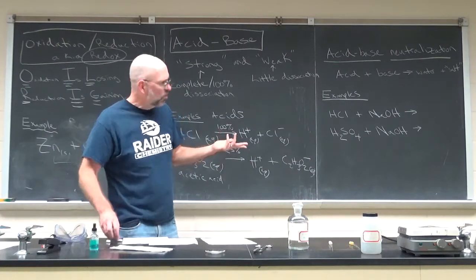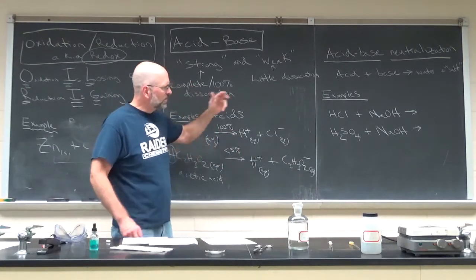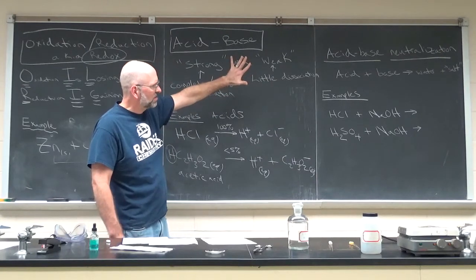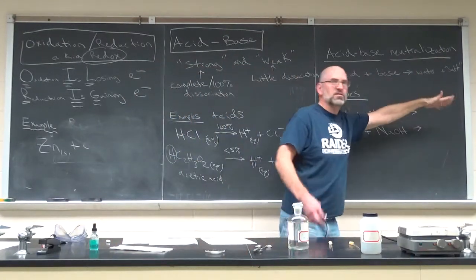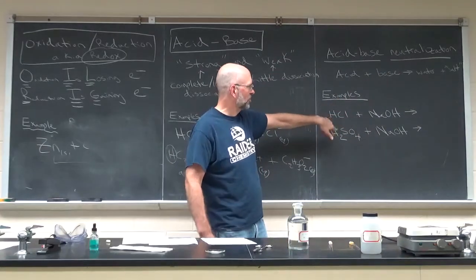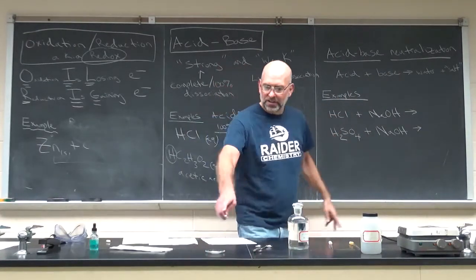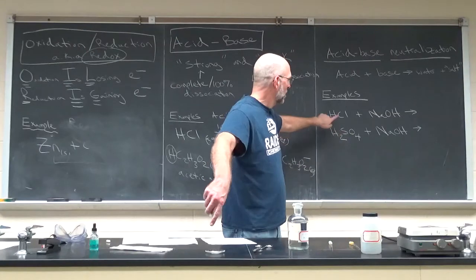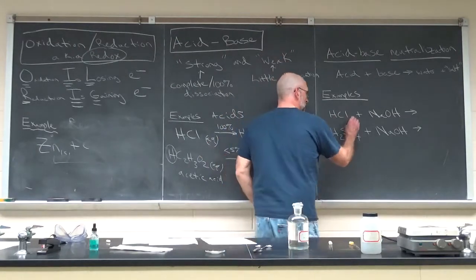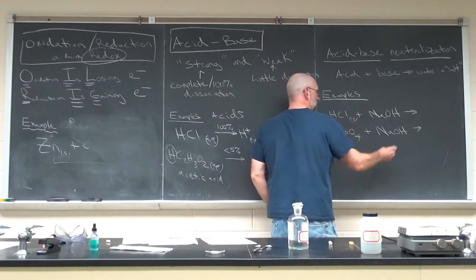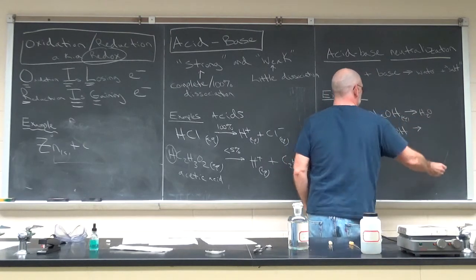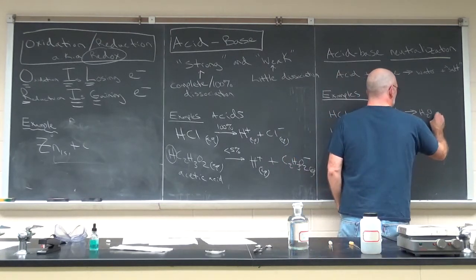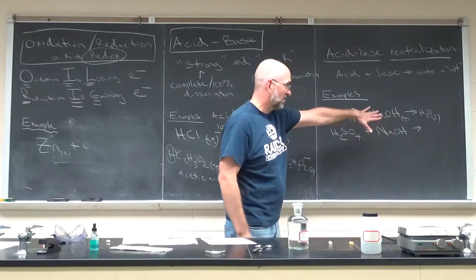Okay, I think we're almost done. Just for argument's sake, I think we did this before. In general, when you mix an acid and a base, you get water plus a salt. I mentioned it before, let's just make sure you understand what's going on. So this reaction here that we did before, it was HCl plus NaOH. Well, we formed water, and I boiled it off, but it's still a product.